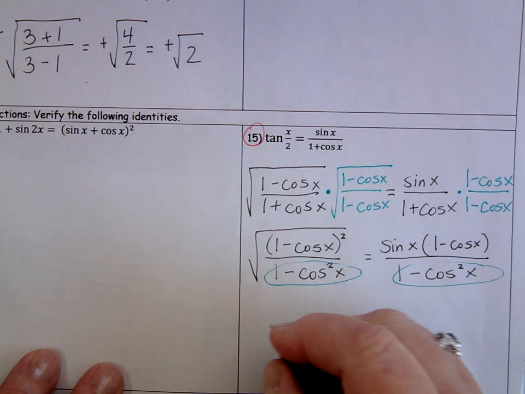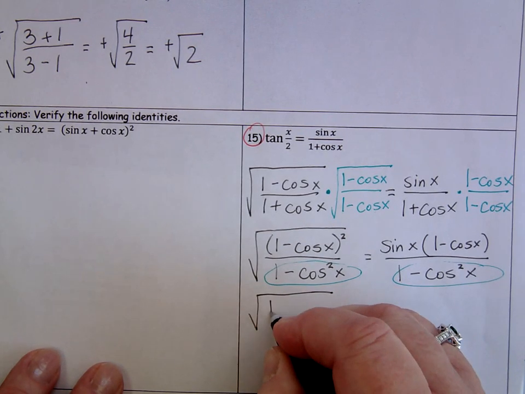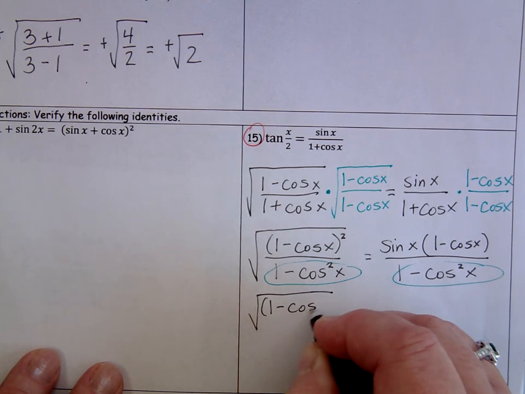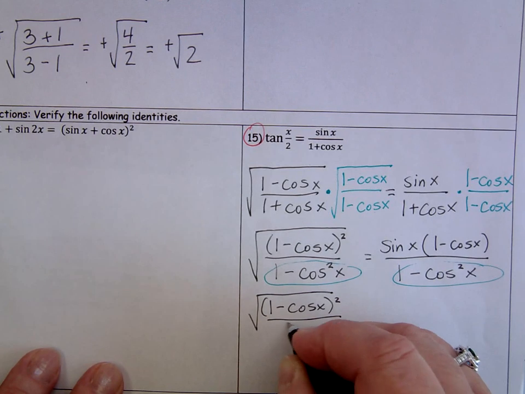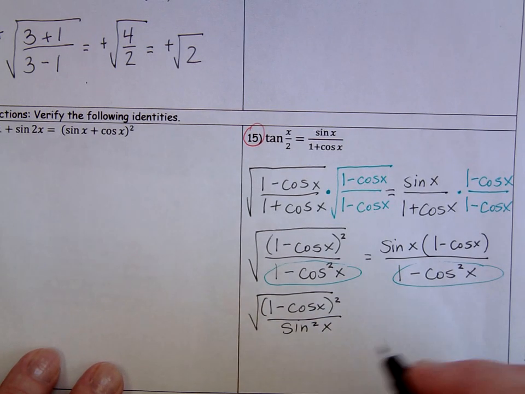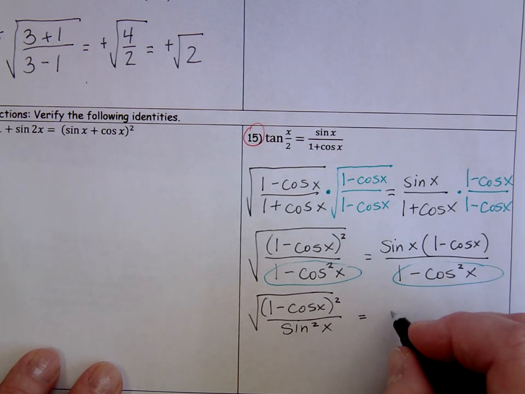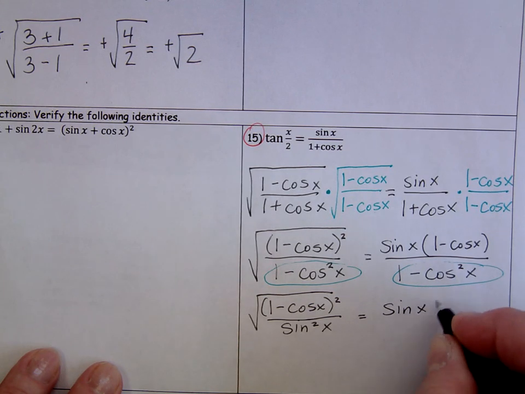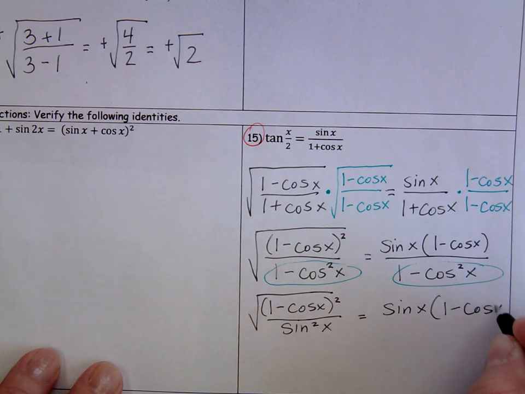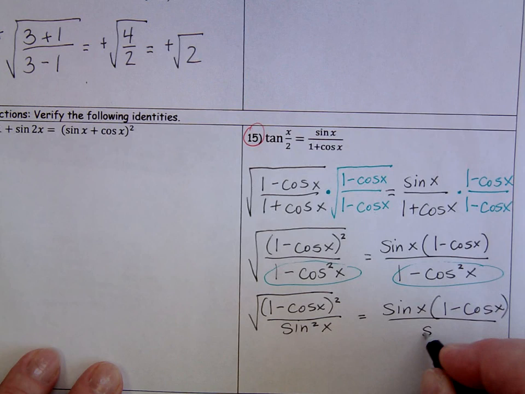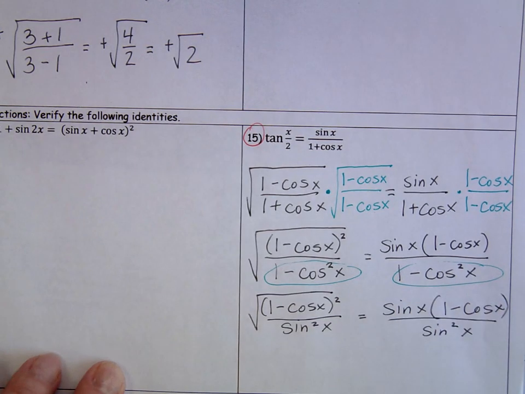So that's the next thing I'm going to set up here. 1 minus the cosine of x, I've got 2 of them, over sine squared x, still all in my square root. This one is going to be sine of x, 1 minus cosine of x, all over sine squared x. Do you see how things are starting to shape up?